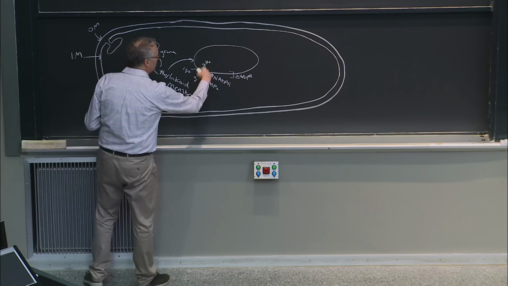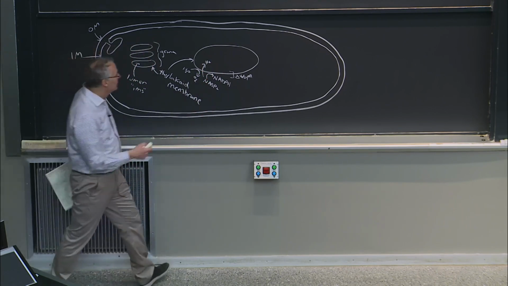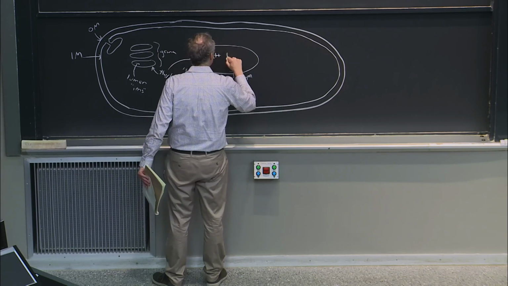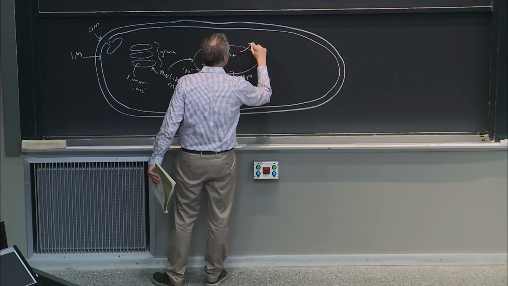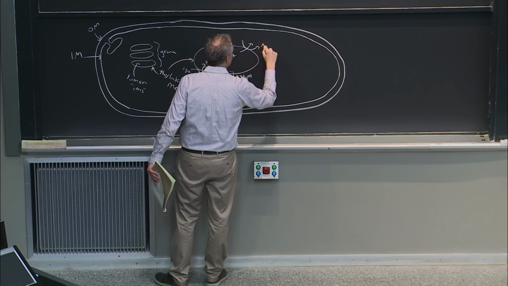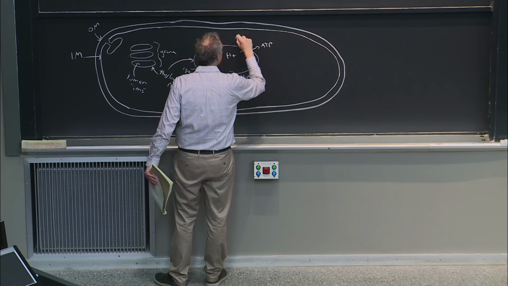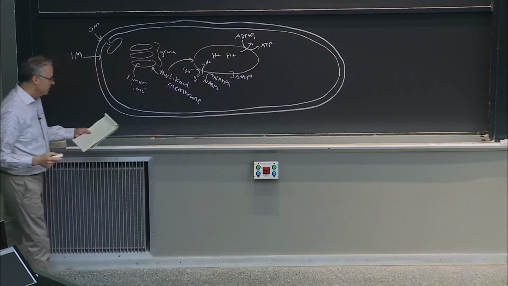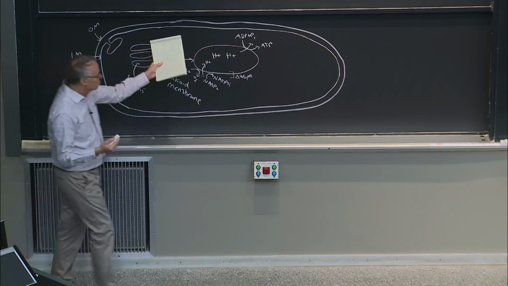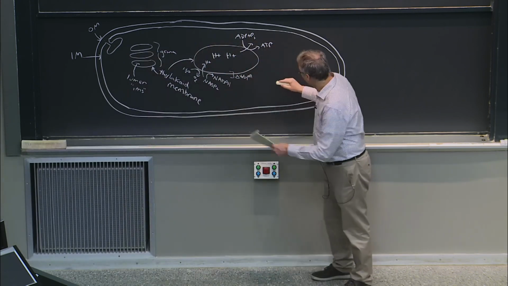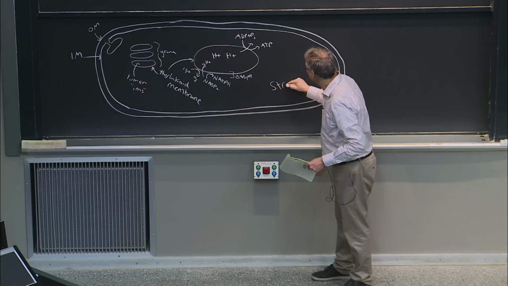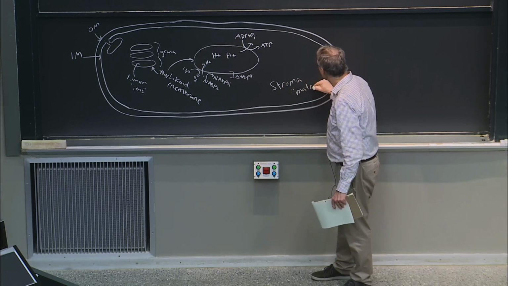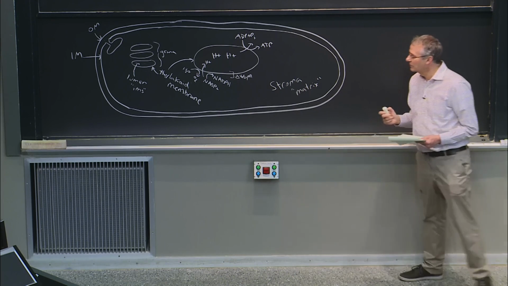So you build a potential across this thylakoid membrane, and then that potential can be used to synthesize ATP within this other space, this wider space here, which is called the stroma, which is the equivalent of the matrix of the mitochondria.